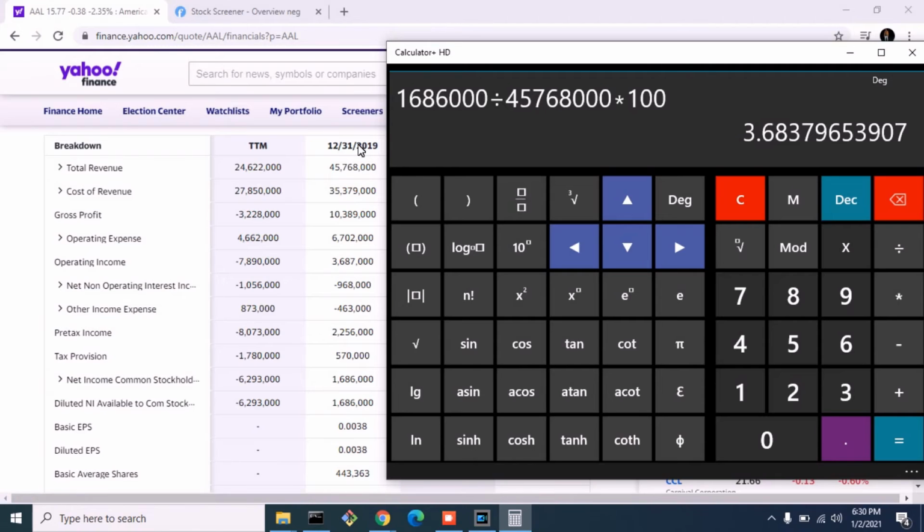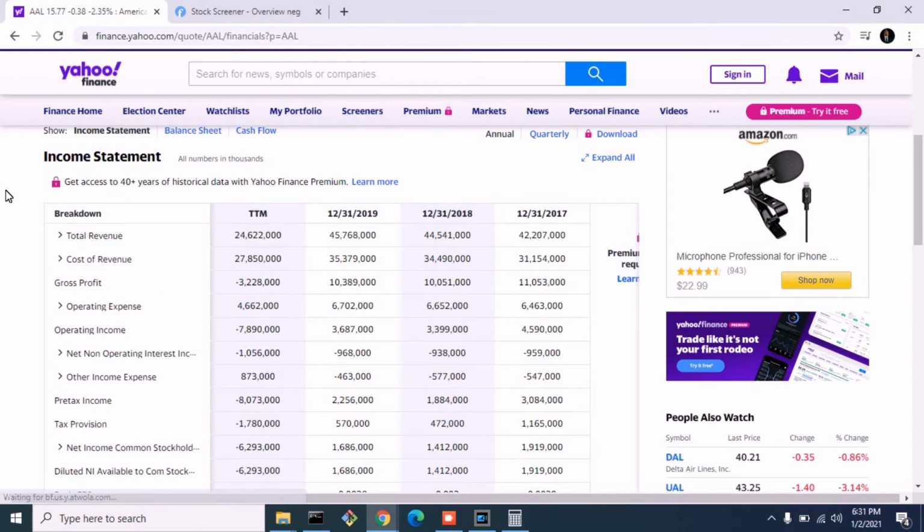Now again, we go through the pandemic with the coronavirus, and you see that demand has fallen for flights. Not a lot of people are flying, so of course that reduces ticket sales and all the revenues that American Airlines can get through flights and through their business. So you can actually see that their revenues have been cut drastically in the last 12 months, almost half.